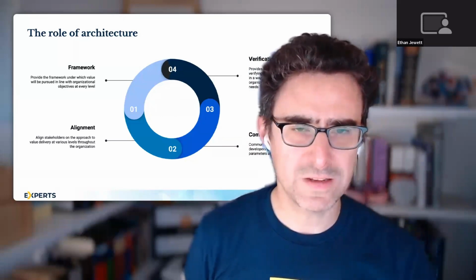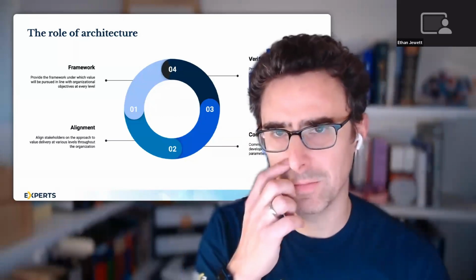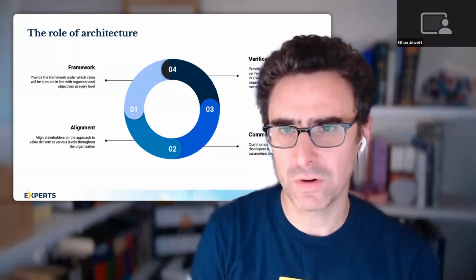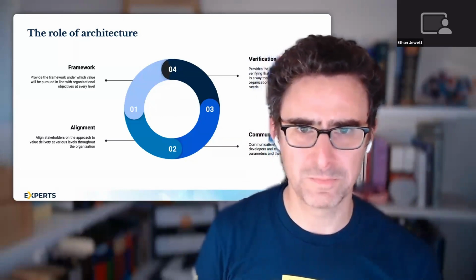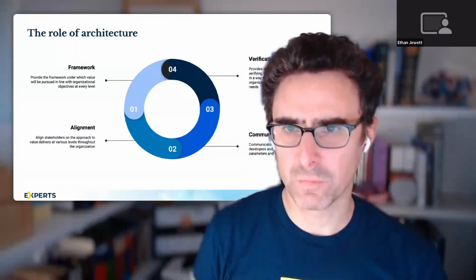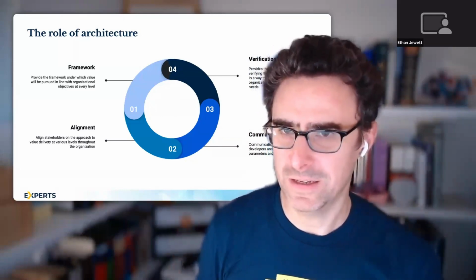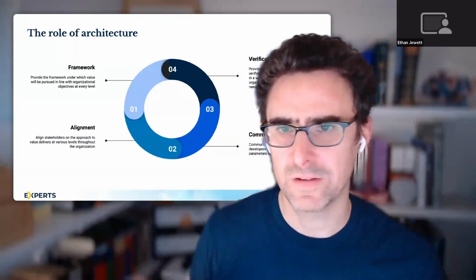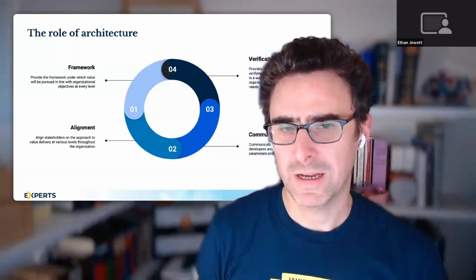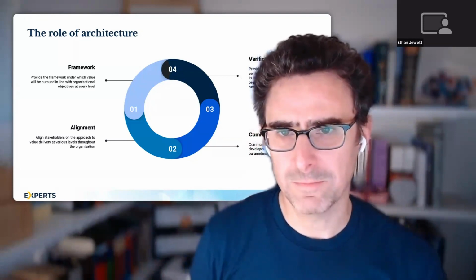And there are ways that I can verify that. I can look at what's been delivered and see if it aligns with the architecture. So this role of architecture as a unifying framework, as a communicating framework, I think is incredibly important.